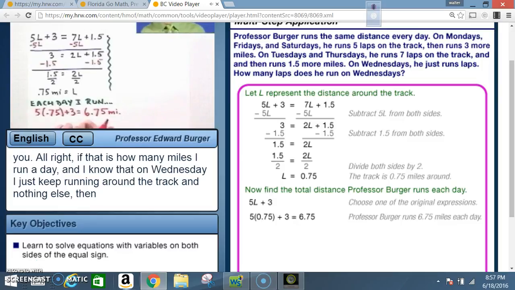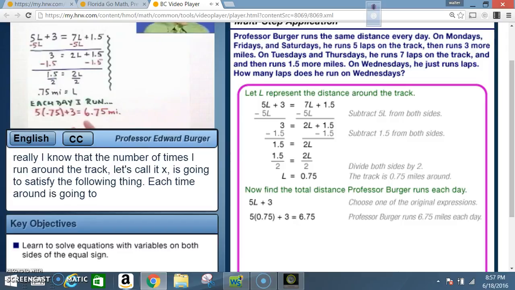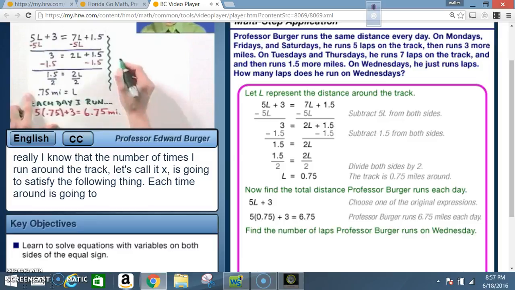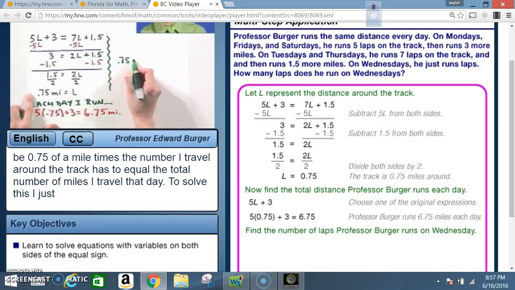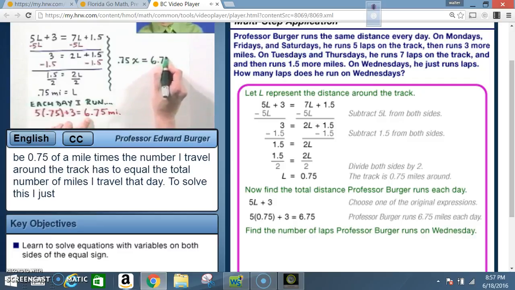All right. Now, if that's how many miles I run a day, and I know that on Wednesday I just keep running around the track and nothing else, then the number of times I run around the track, let's call it X, is going to satisfy the following. Each time around is 0.75 of a mile, times the number of times I travel around the track, has to equal the total number of miles I travel that day.